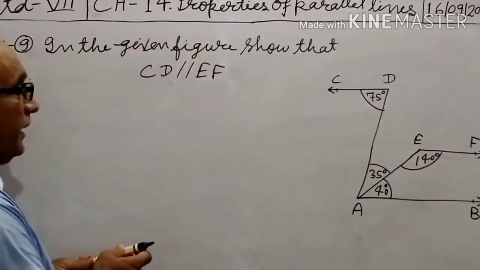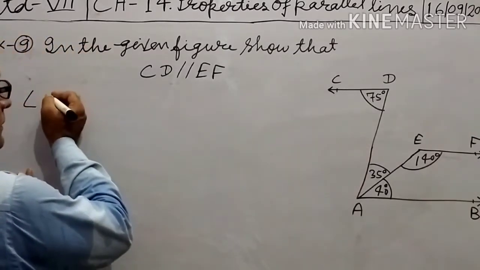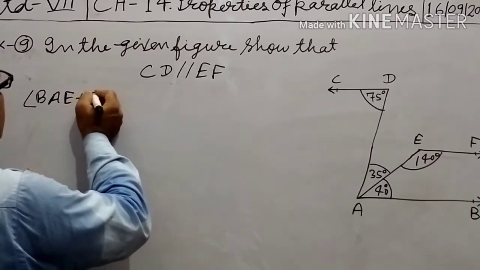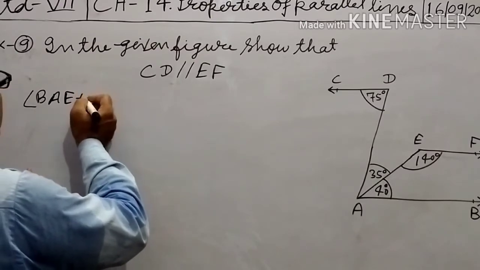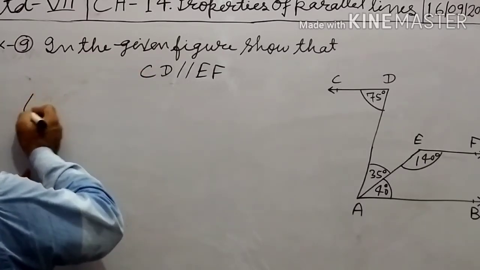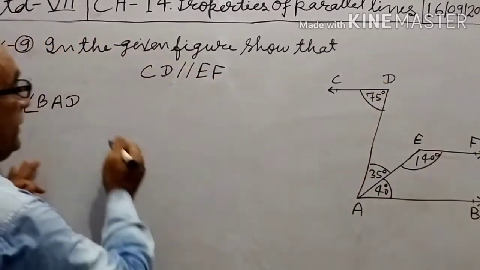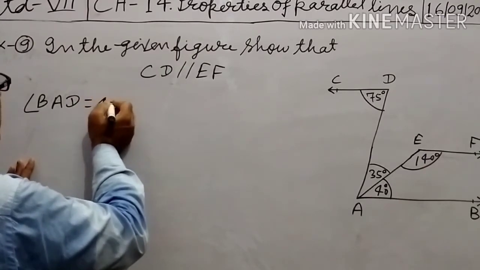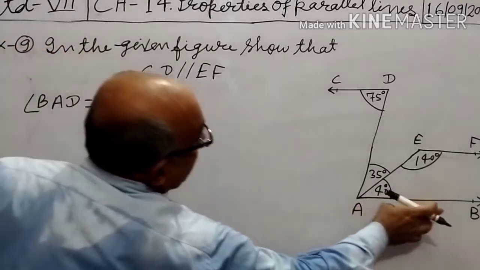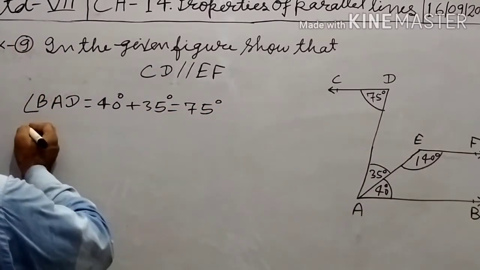Here, angle BAD equal to 40 degrees plus 35 degrees, equal to 75 degrees.